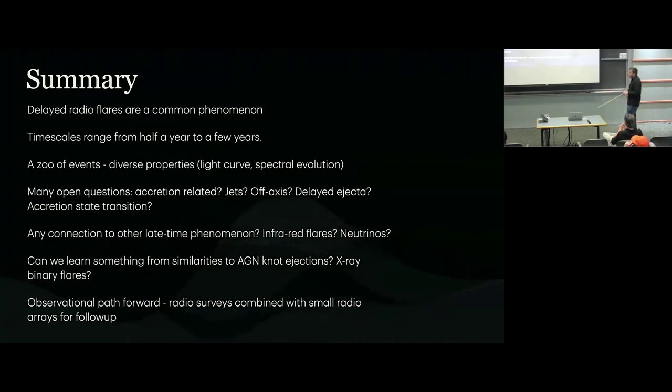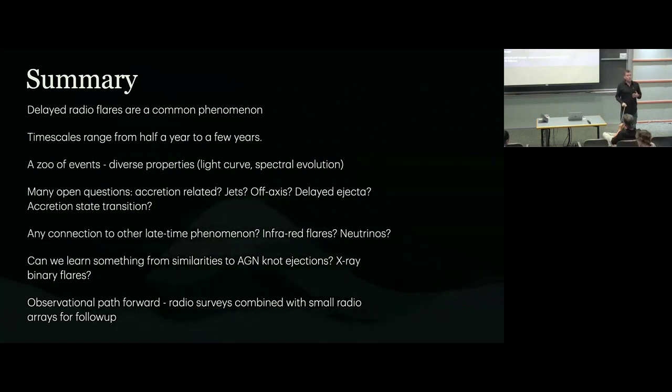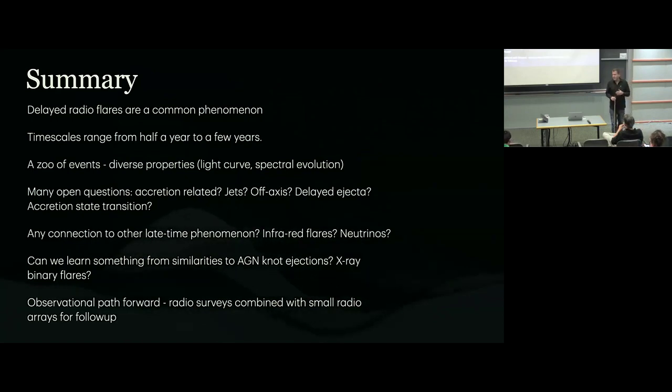But we do need high cadence, and currently AMI, for example, can do that, but we need more observatories like AMI. We tried to push this idea in a recent paper led by Rob Fender, myself, and others. So please go and think about this idea as well. And I'll conclude with that. Thank you.